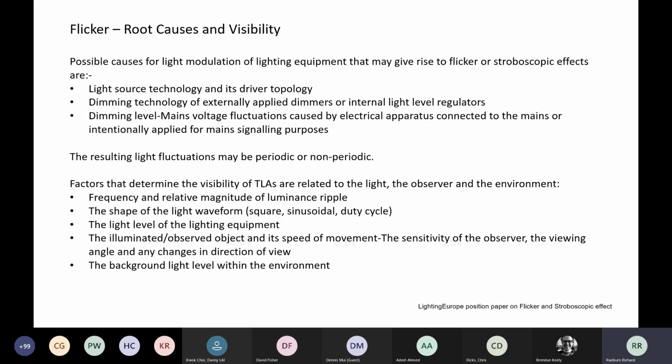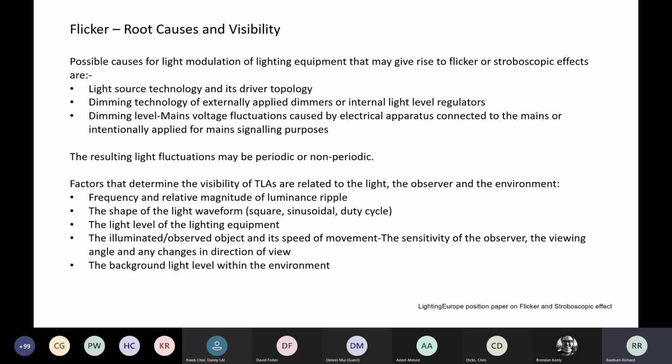Root causes can be the actual light source technology and its driver topology. So whether that be fluorescent lamps and the old magnetic drivers, or now obviously LEDs with electronic drivers. Dimming technology, of course, that could have a bearing on that.